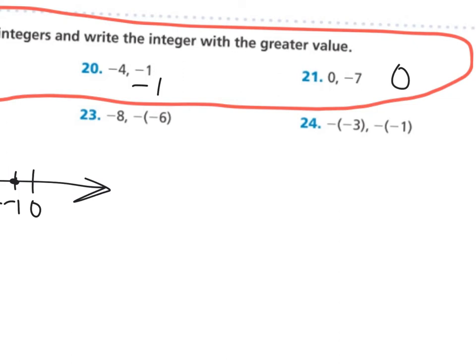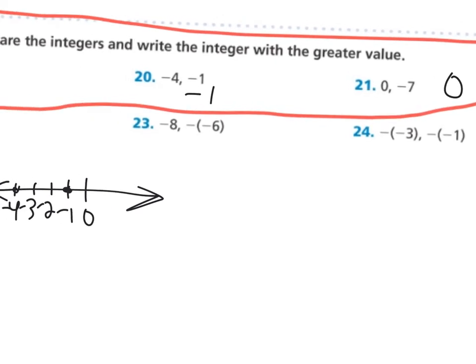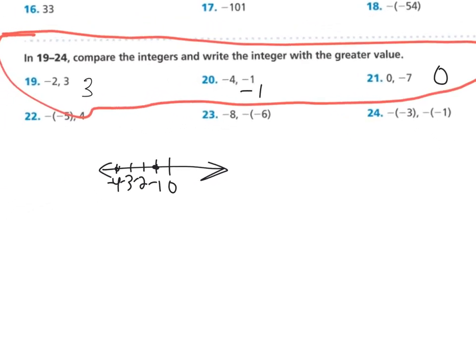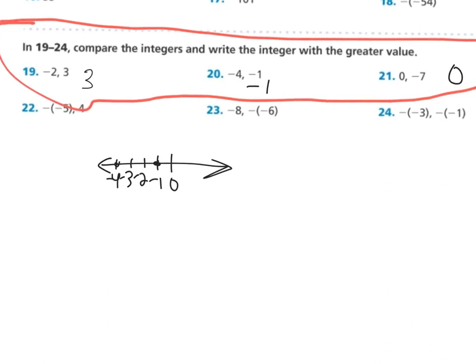Another way you could think about these is in terms of, you know, maybe like the money situation we talked about earlier. Kind of whatever you would rather the situation be would probably be the greater value. So like on that last one, either not having money or owing $7, between the two, not having any money would be maybe the better situation for you.